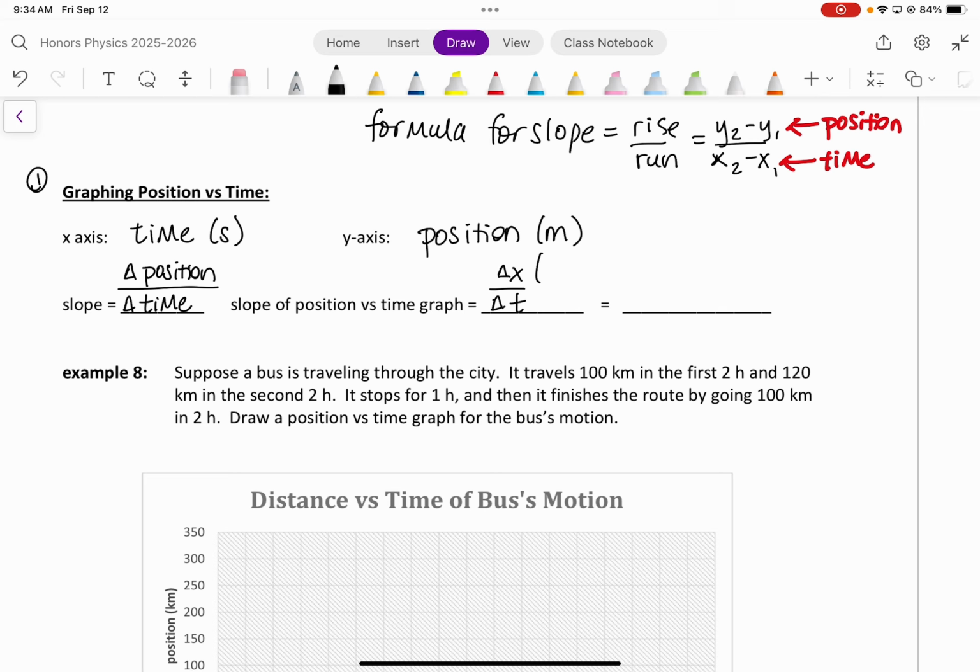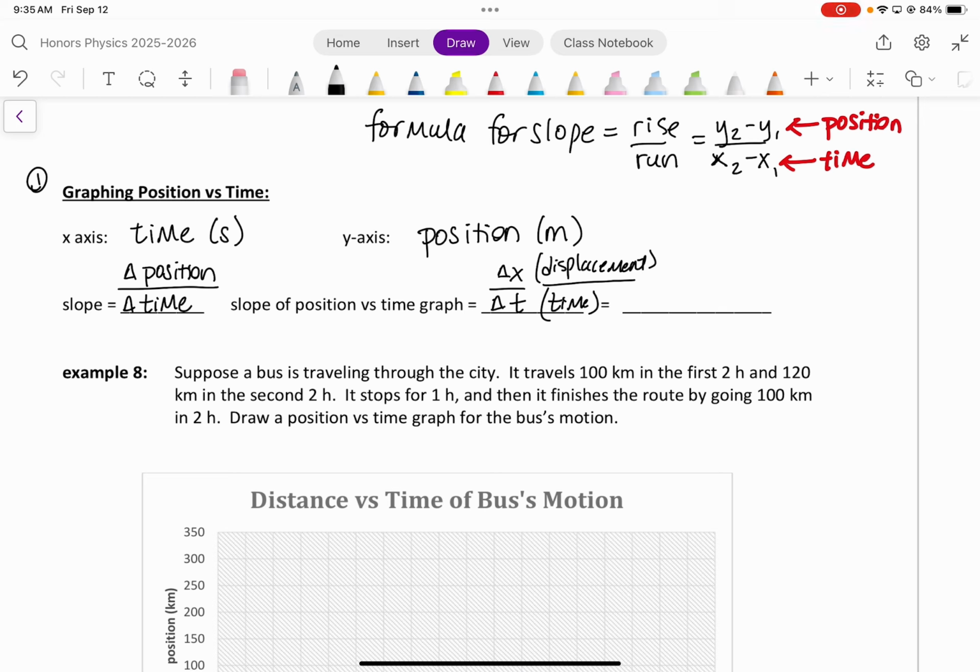So this is my displacement over time. Now, I have a formula on my formula sheet that says change in position over change in time is equal to some kinematic variable.